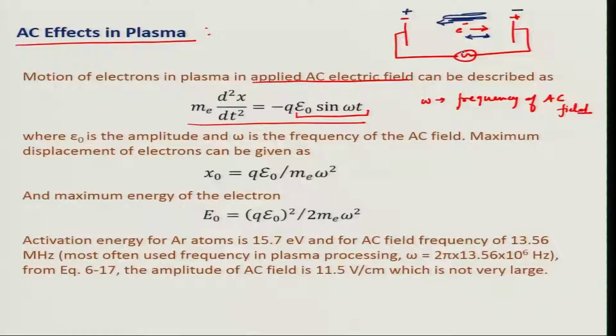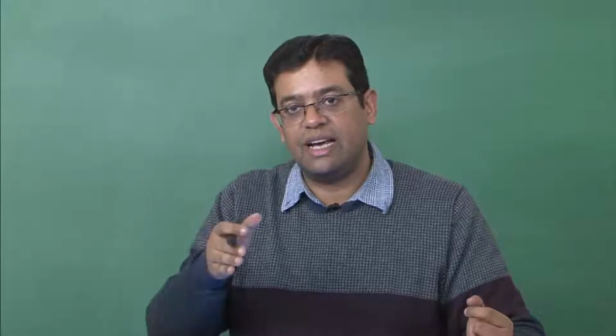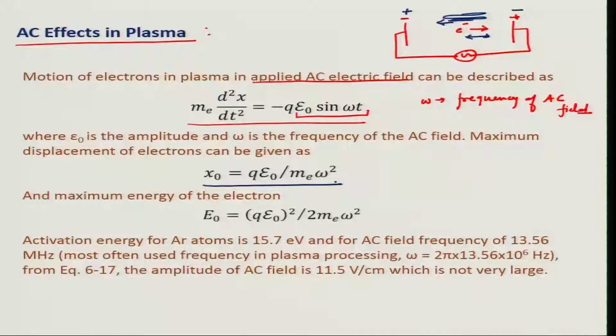It will start to accelerate in one direction, and as soon as the field is flipped, it will start to accelerate in the other direction, right. So, there is a maximum distance it can travel, which is given by this expression over here. At a higher frequency, this x0 would be very small. At a lower frequency, this would be large.